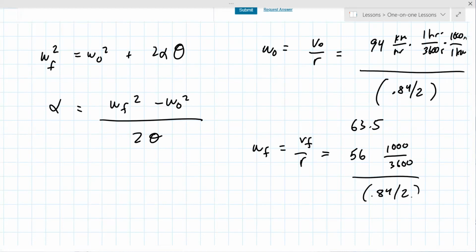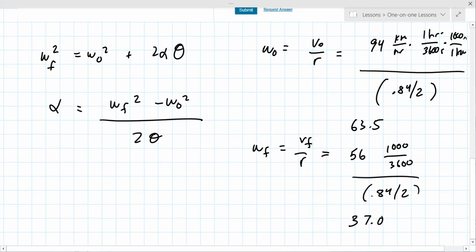Then divide that by 3,600, and you get 15.5, and then you divide that by 0.84 divided by 2. I get 37.037. So 37 ish, we'll say.